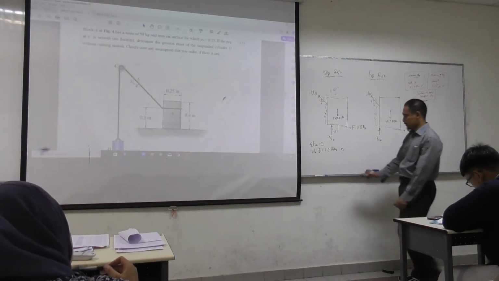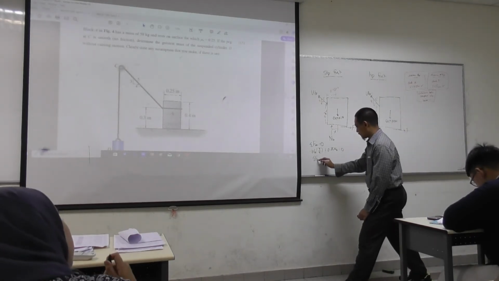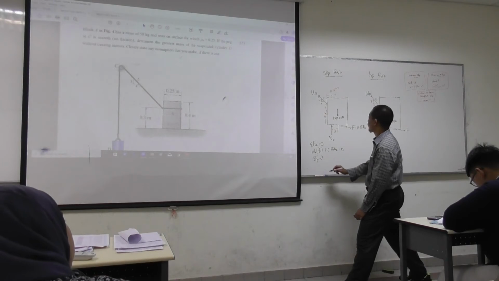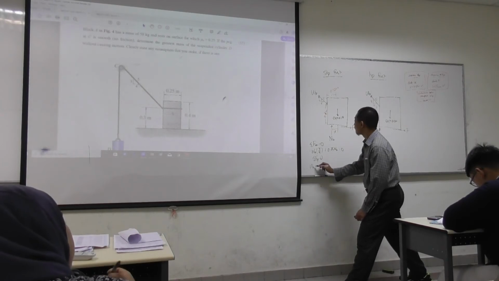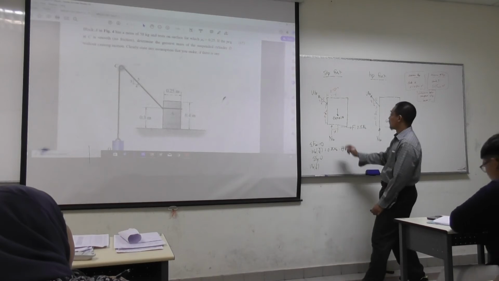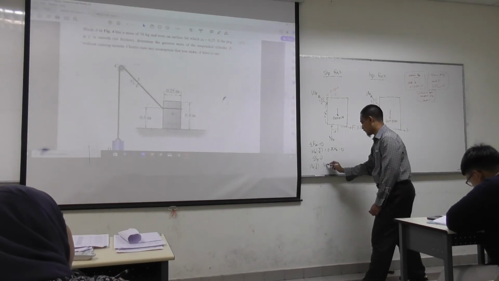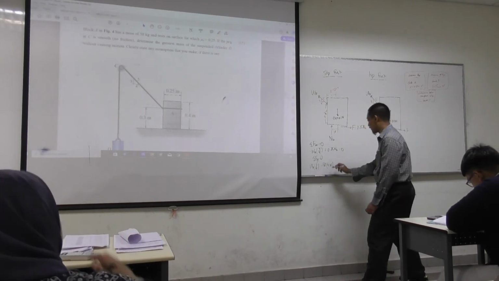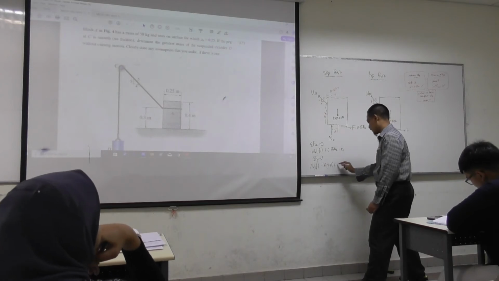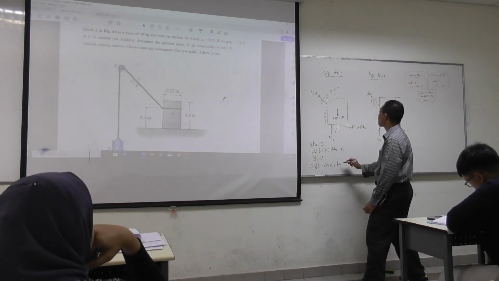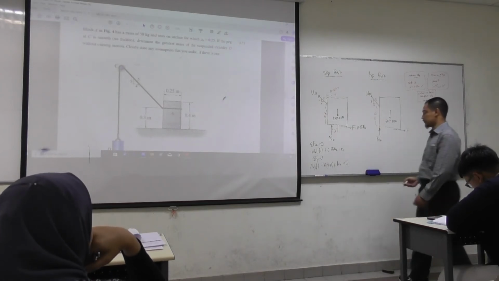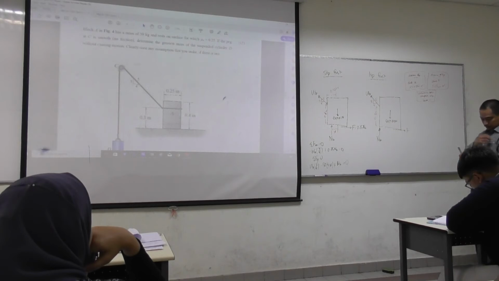That's one equation. And then if you do summation of Fy equal to 0, you have WT 3/5, and then minus 50(9.81), plus NB equal to 0, right? So this is just a simultaneous equation.